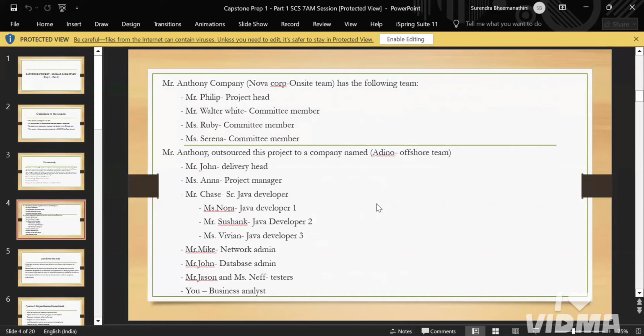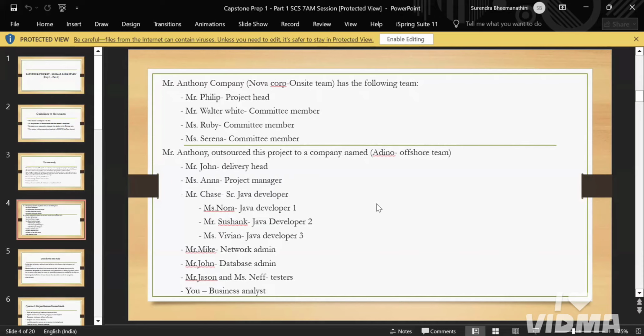So here you can see Anthony's company, Nova Corporation, on-site team. In that, Mr. Philip is the project head, and Mr. Walter White, Miss Ruby, and Serena are committee members. He has outsourced, with a delivery head, Mr. John, and Miss Anna is the project manager.